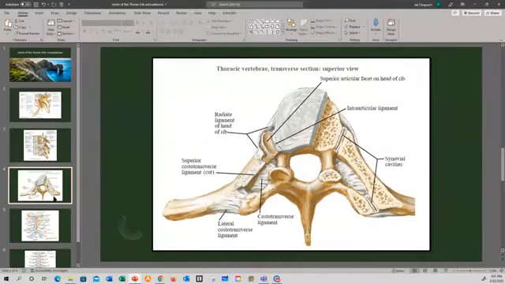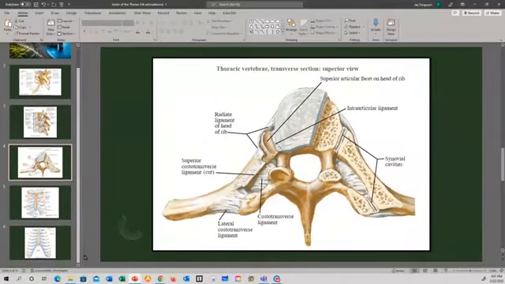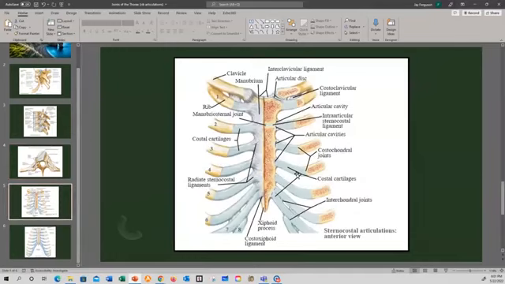So we also want to remind ourselves of the sternocostal joints on the anterior aspect here, or sternochondral joints. These are the joints between the costal cartilages and the sternum, of course. Now remember, the first costal cartilage joins directly with the manubrium of the sternum.